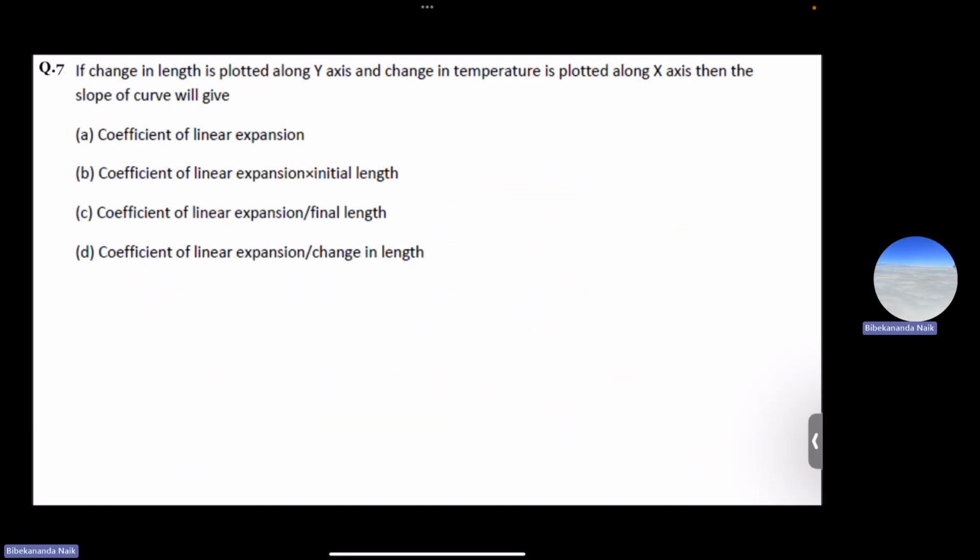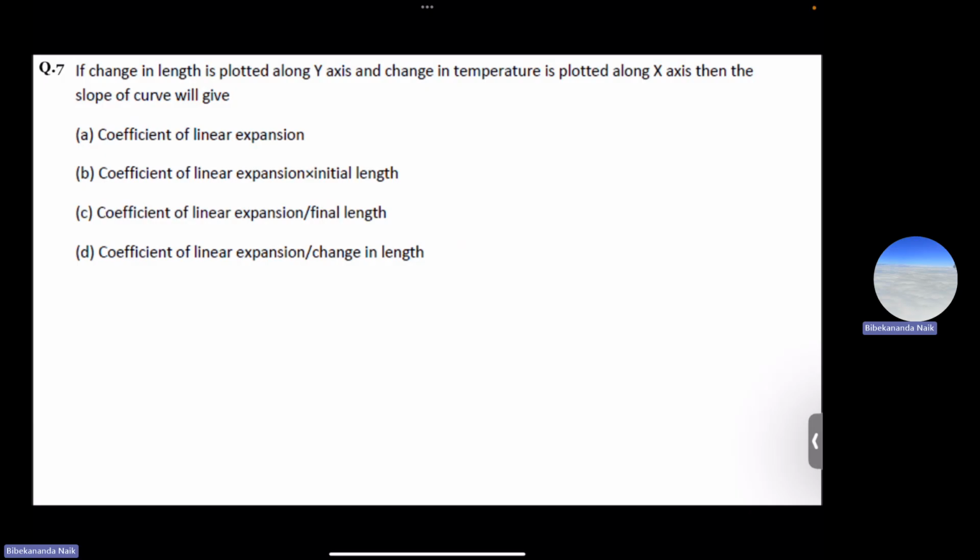Now we move to question number 7. Question number 7 says, if change in length is plotted along y-axis and change in temperature is plotted along x-axis, then the slope of the curve will give: option A, coefficient of linear expansion; option B, coefficient of linear expansion into initial length; option C, coefficient of linear expansion divided by final length; option D, coefficient of linear expansion divided by change in length.